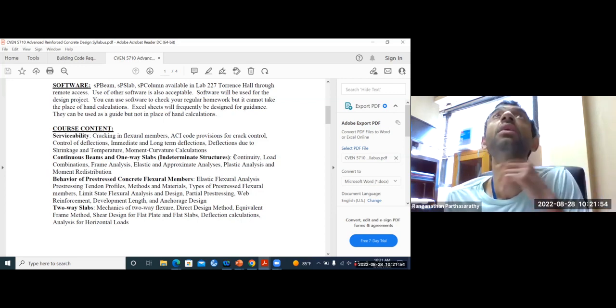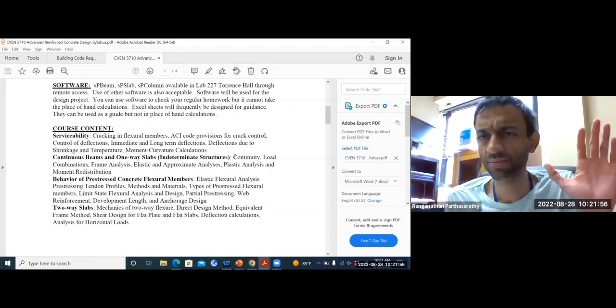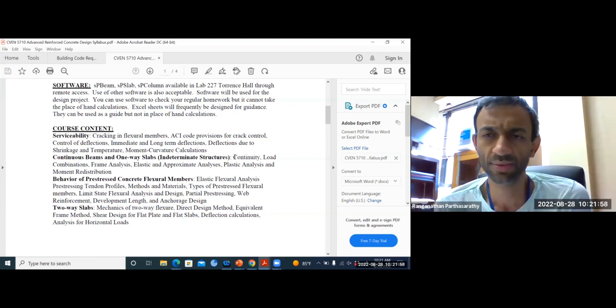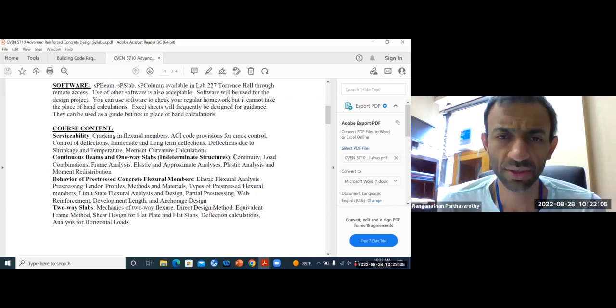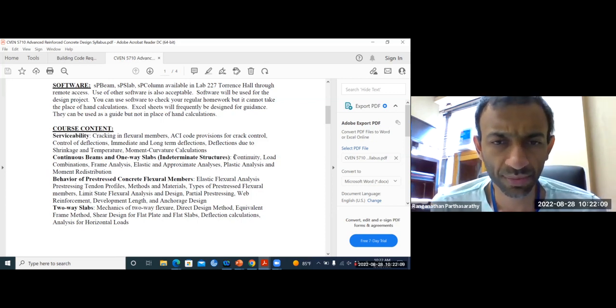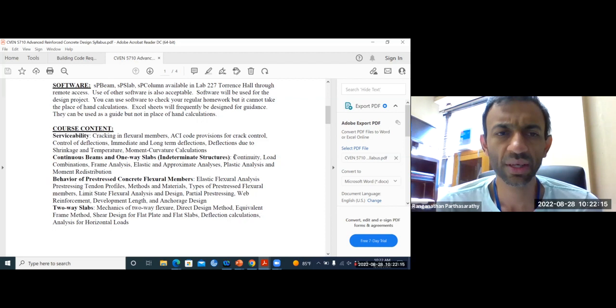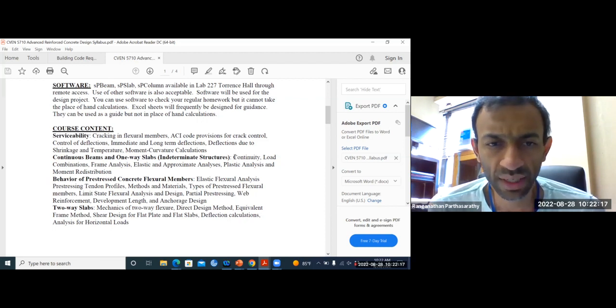They are one of the go-to places for concrete design, and several of the provisions in ACI 318 are based on research to which they have contributed a lot. Then we will go over part of pre-stressed concrete design, pre-stressed flexural members, partial pre-stressing, and so on, anchorage.